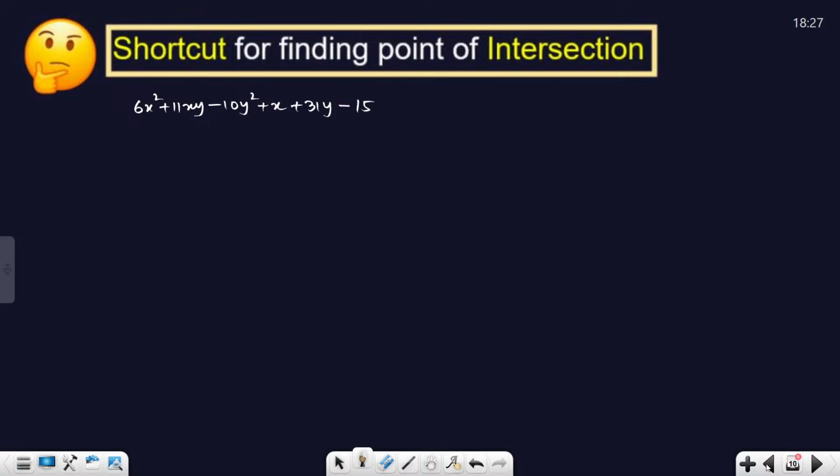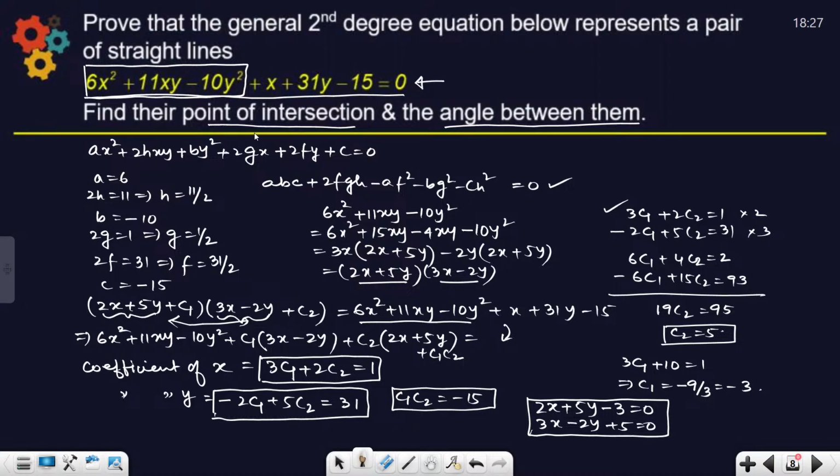That was the question. This was the question, and we have to find out the point of intersection.